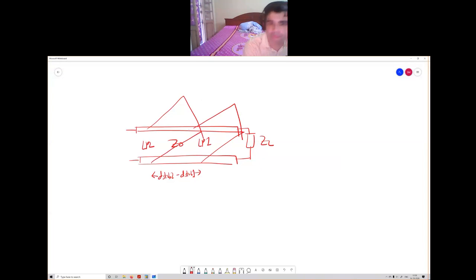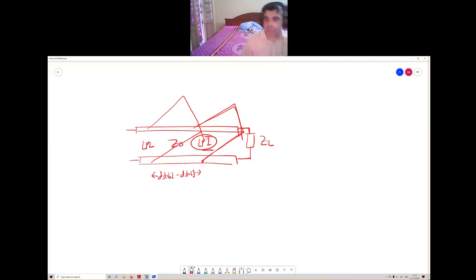This is what we are doing. If this is my ZL, this is LP1. We are putting our stub here, and the stub is always reactive.